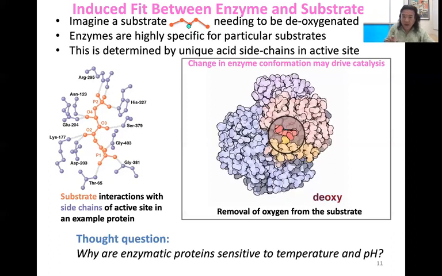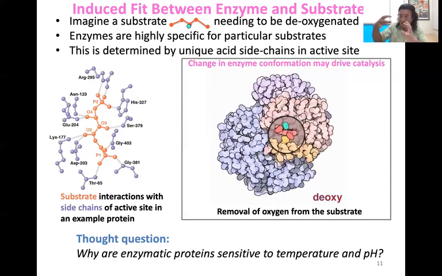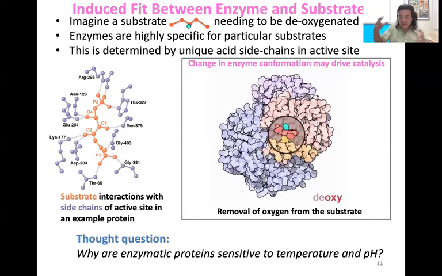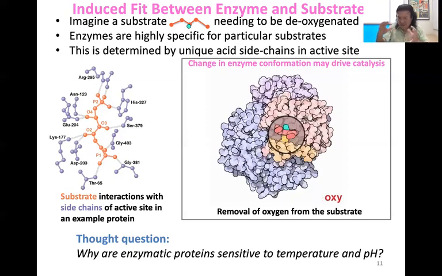Okay. Why are enzymes then very sensitive to temperature and pH? Well, hopefully you can see, because it all depends on the protein being the exact right tertiary structure that it's supposed to be in order for it to work, right? If it's denatured due to temperature being too hot, or the pH being too acidic, then the enzyme is not going to work.